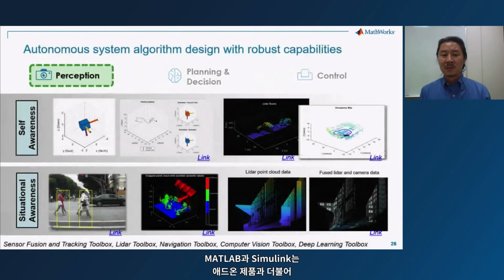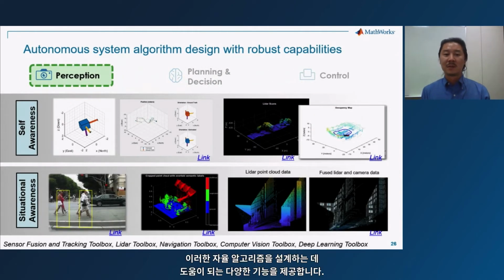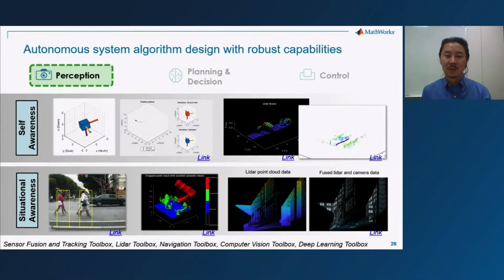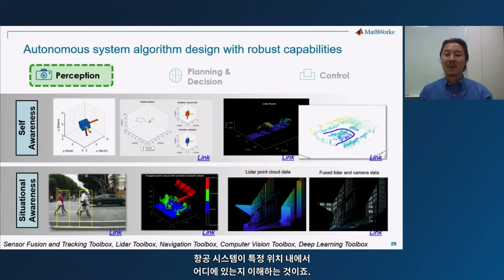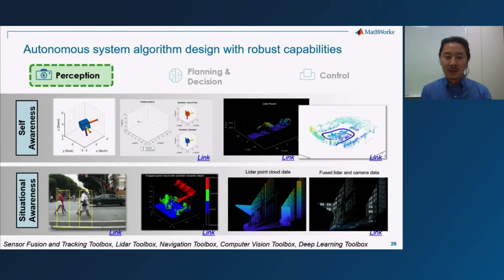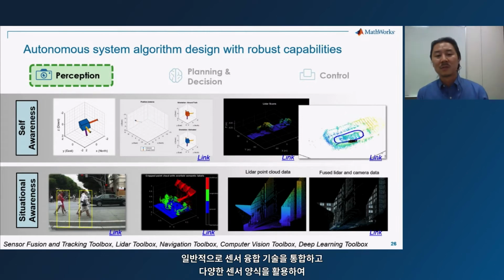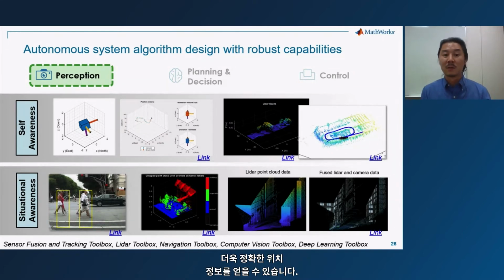And MATLAB and Simulink, along with add-on products, provide a lot of different capabilities to help you in designing these autonomous algorithms. For perception, this really encompasses two major sections. The first one is self-awareness or localization, understanding where the aerial system is within a specific location, right? So this typically incorporates sensor fusion techniques to utilize different sensor modalities to have precise localization information.